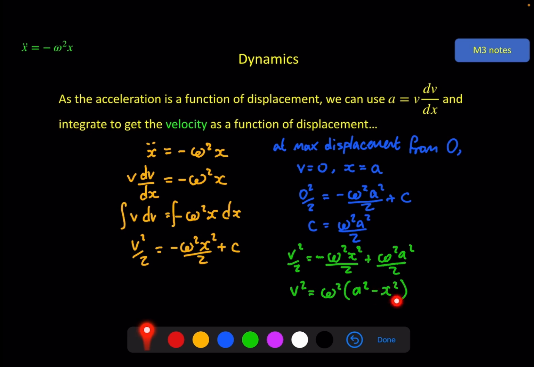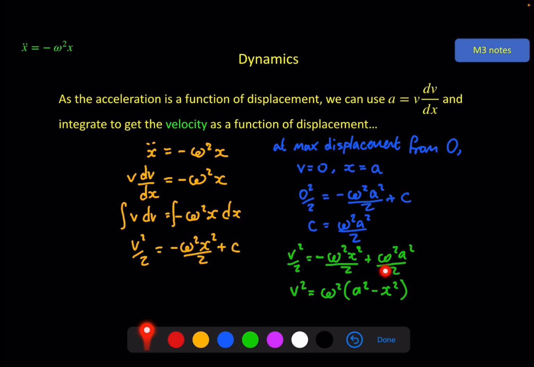So if the displacement from O is 0, you're at the center of oscillation, this collapses back to v squared equals omega squared a squared, and that's your maximum speed. But if x is equal to a, at the maximum displacement, a squared minus a squared is 0, and this collapses down to v equals 0, and you get 0 velocity at the maximum displacement. So that's all self-consistent with what we've said so far.